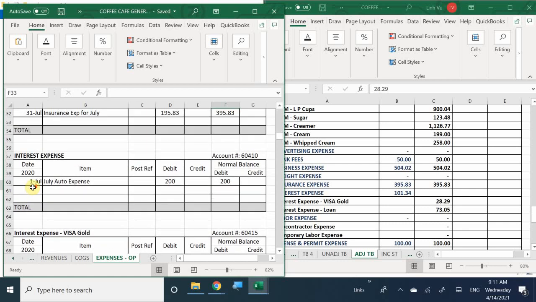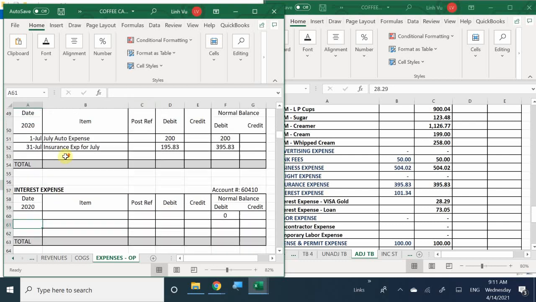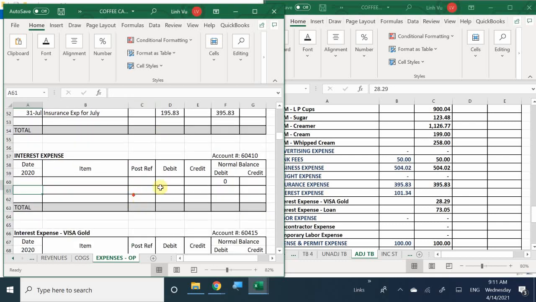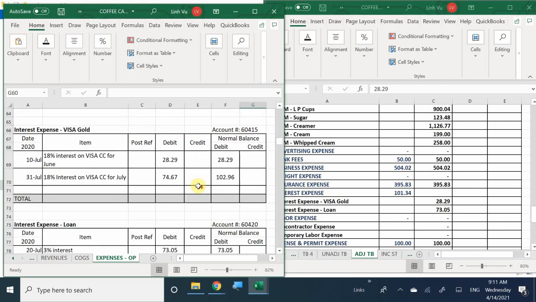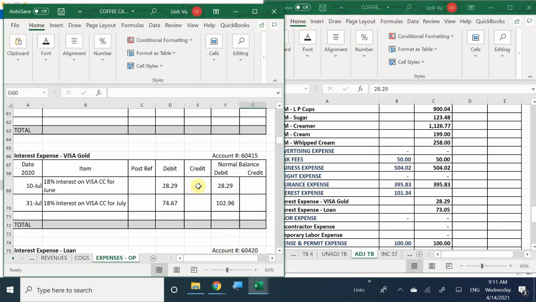Insurance expense. Okay, there should be nothing here, because I already put it up there, right? My interest expense for my car is already 200 up there. So sorry, excuse me, I gotta clear that out. So nothing in my interest expense account, but I should have some interest expense for my Visa Gold.